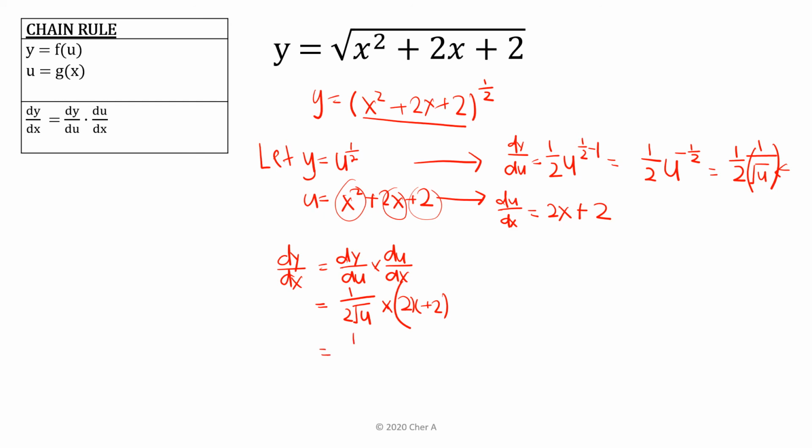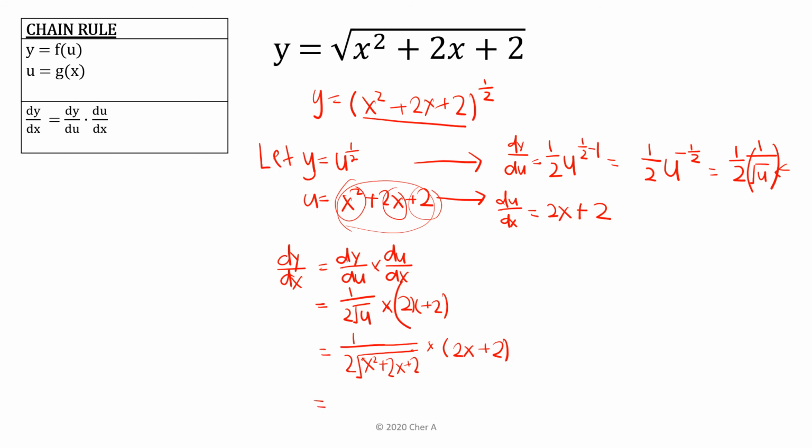Okay, so now I need to put in my x's into the u. So I replace the u with this. X squared plus 2x plus 2, multiplied by 2x plus 2.